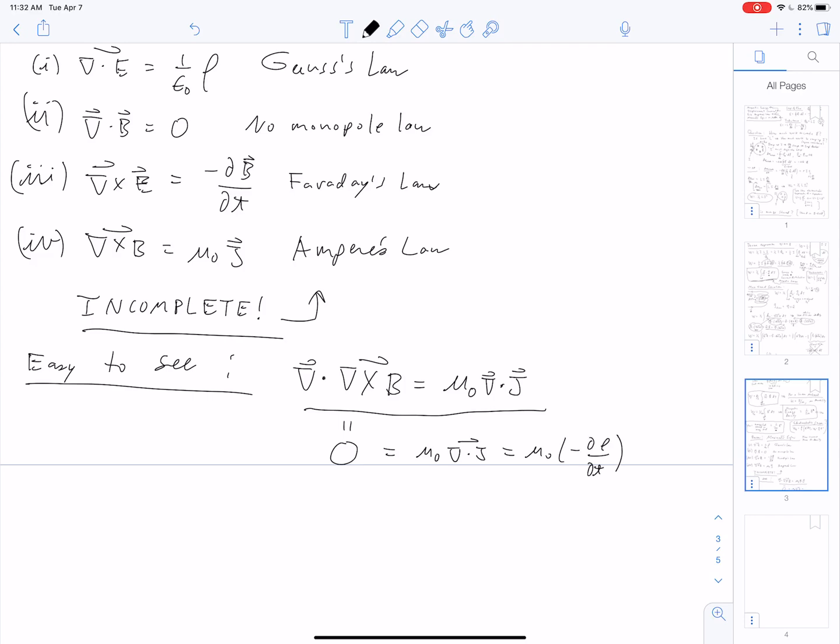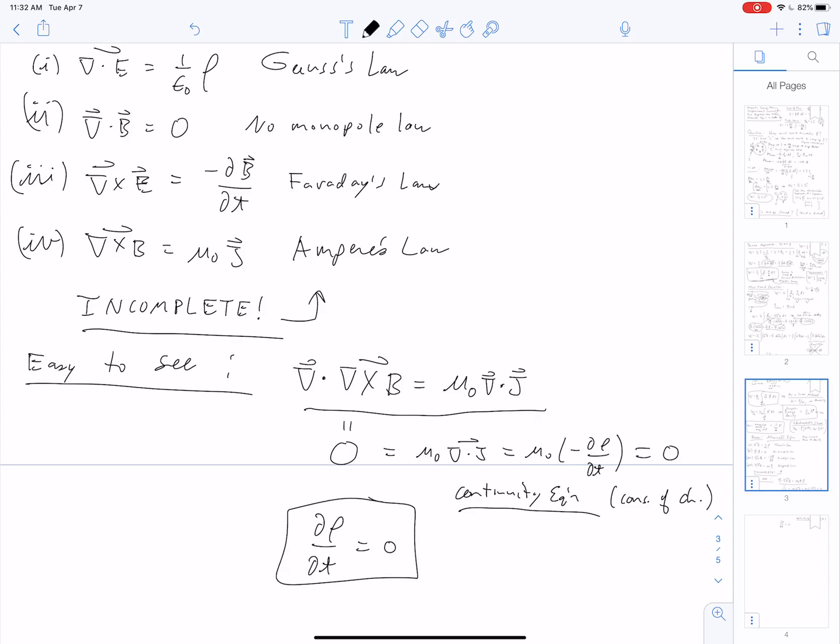The continuity equation is really just another way of expressing conservation of charge. But this then is telling us that d rho dt is 0.